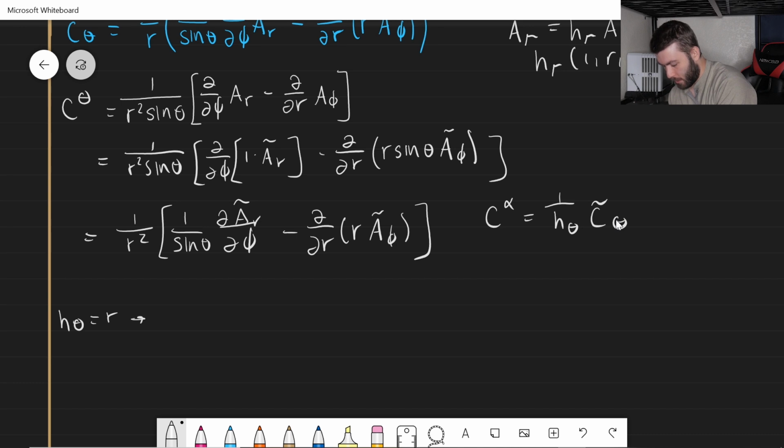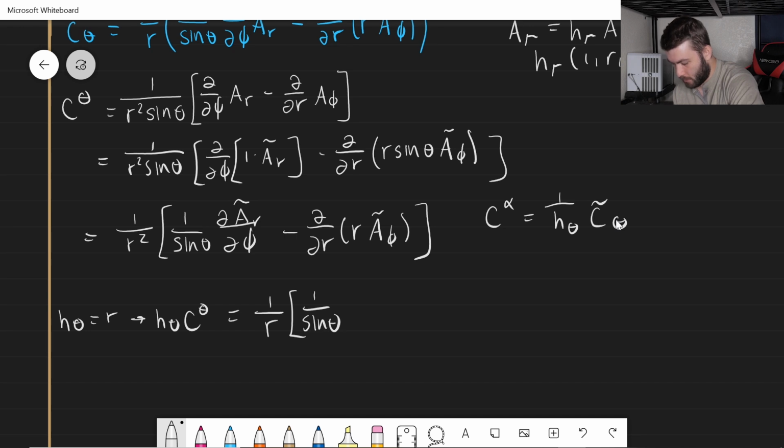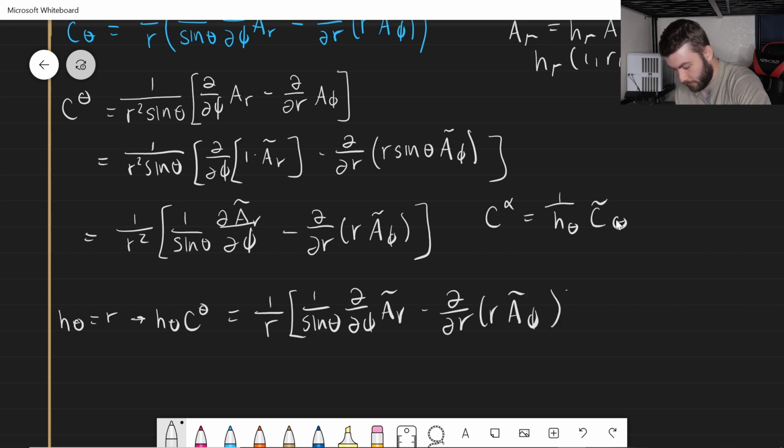So h theta times c theta, one of those 1 over r's cancels, and you get 1 over r, 1 over sine theta, d over d phi of A r tilde, minus d over dr of r A phi. So it checks out. Cool.